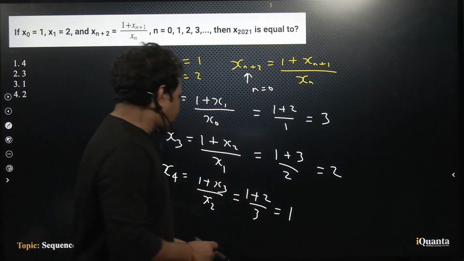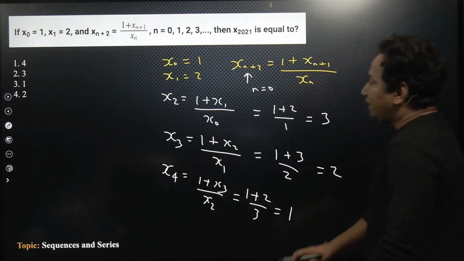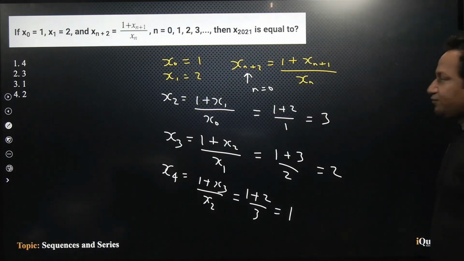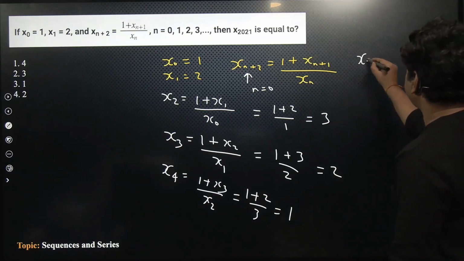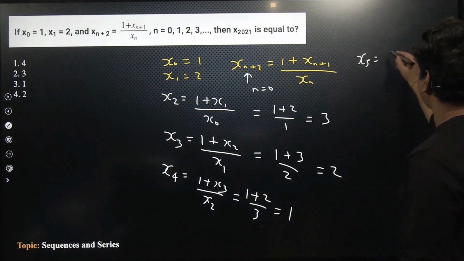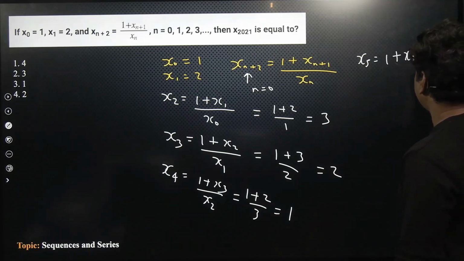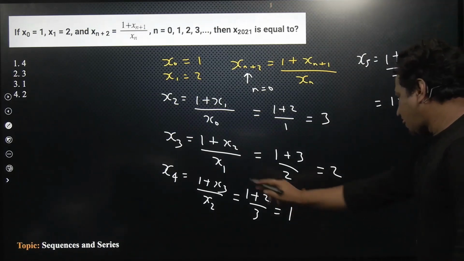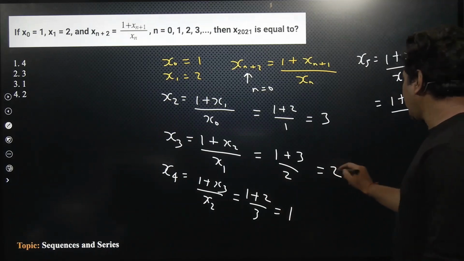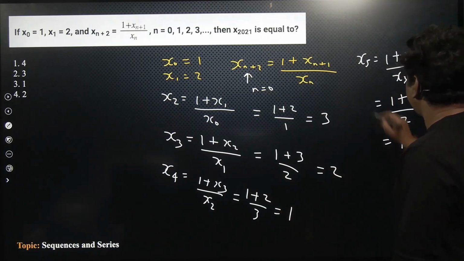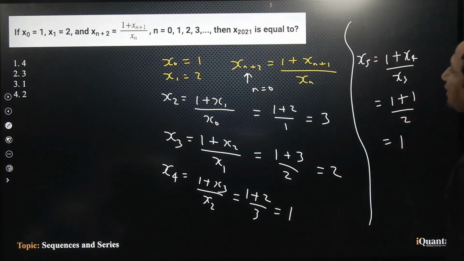If we find out the value for x5, we'll of course be having a pattern for sure. So let us try to find x5 now. This will be equal to (1 + x4) whole upon x3. We'll get (1 + 1) whole upon 2, and here it is 1. Wow. Bingo. So we have got the pattern.